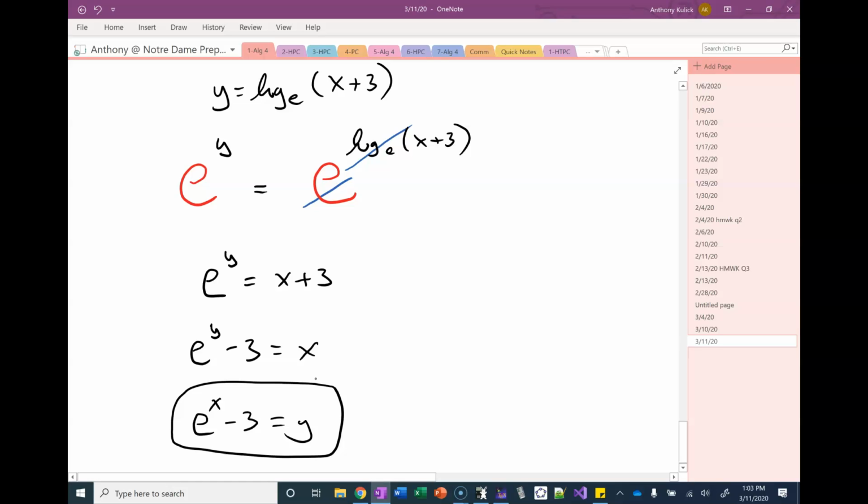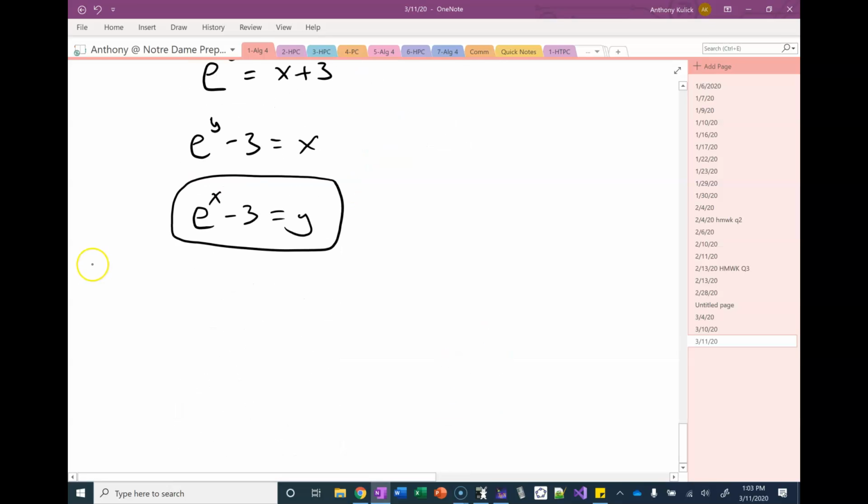Is everybody okay on this kind of a problem? Again, the main takeaway here is that we have to use a logarithm to cancel an exponent base, and we use an exponent base to cancel a logarithm. Everybody's okay with that idea? Okay.